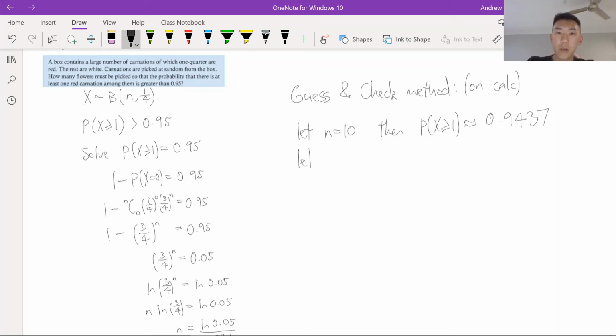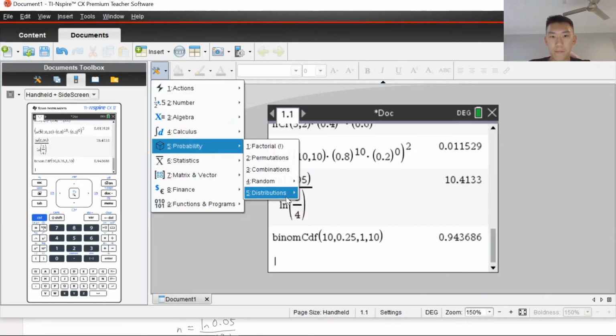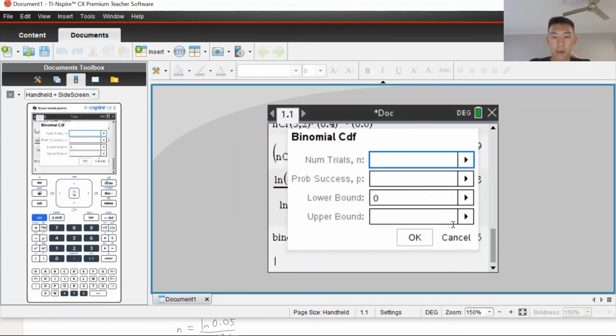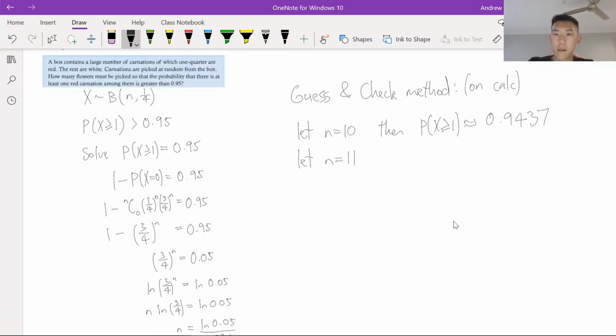Now that's pretty close though, so in your next attempt, you would just go up 1 and see what happens. So let's let n equal 11. CDF here, so 11, 0.25, 1, 11. See how it's greater than 95%?